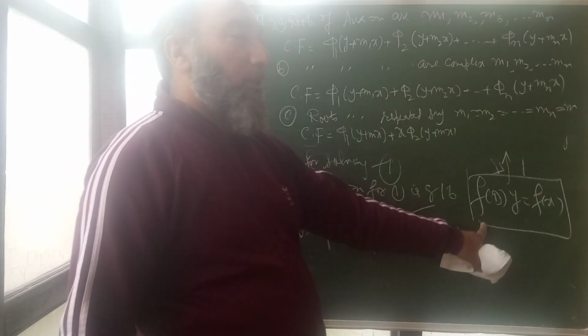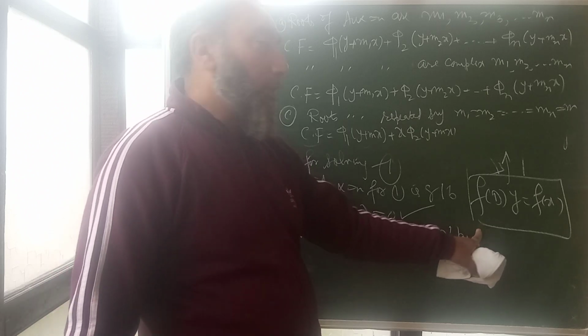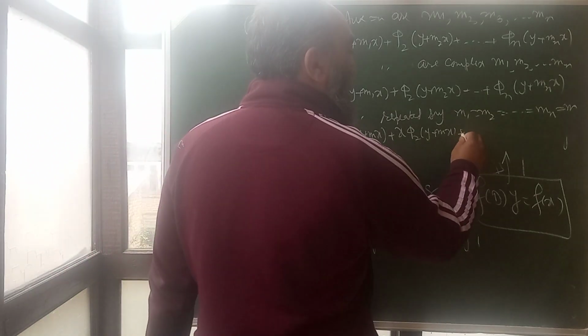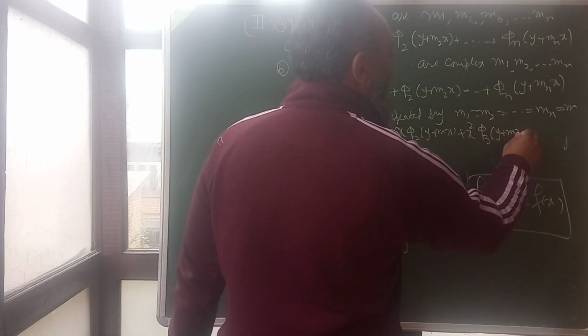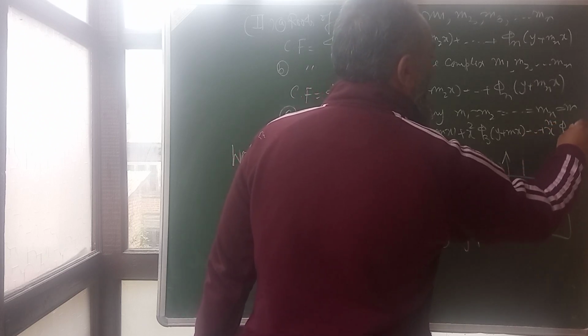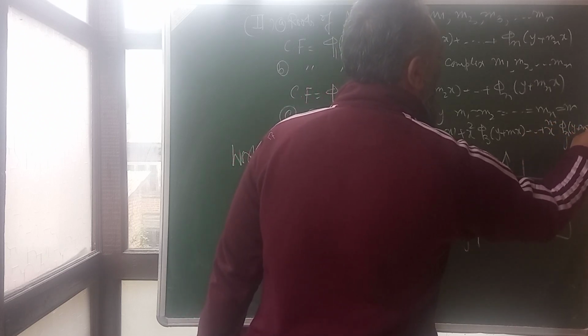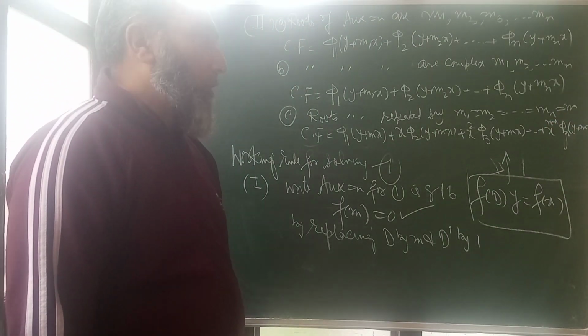Just like in this case, it was c1 plus c2x e to the power mx. It is x, then x square, another function of y plus mx, plus so on, x raised power n minus 1, a function of y plus mx. This is it. This is how we find the complementary function.